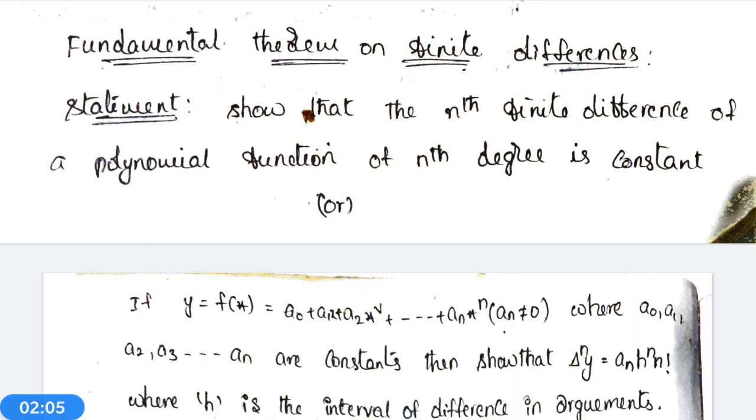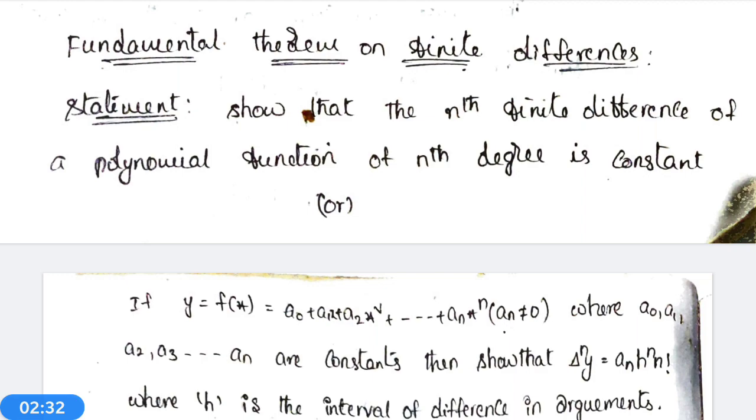Statement: show that the nth finite difference of an nth degree polynomial is constant, and hence show that the (n+1)th finite difference of an nth degree polynomial is 0. This is the statement of the fundamental theorem of finite differences.